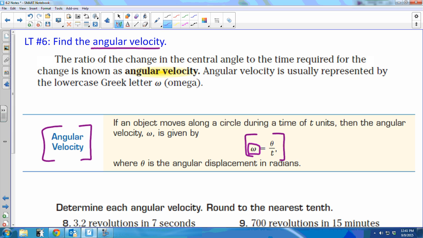Time is in the unit of time: days, hours, minutes, seconds, milliseconds, whatever you want to use. Theta up here, though, is not just radians. It has to be the angular displacement, so it has to be the number of radians given for a certain number of revolutions. That's the angular displacement we talked about in learning target 5.